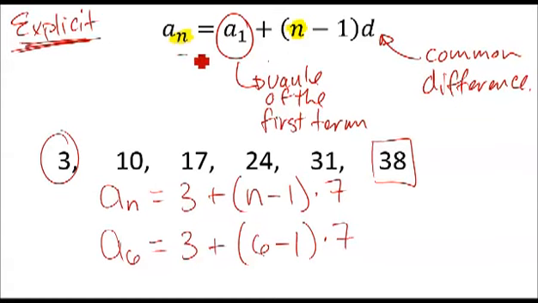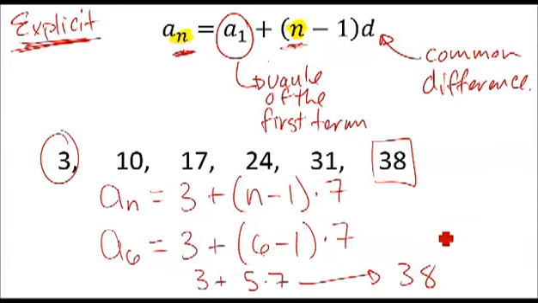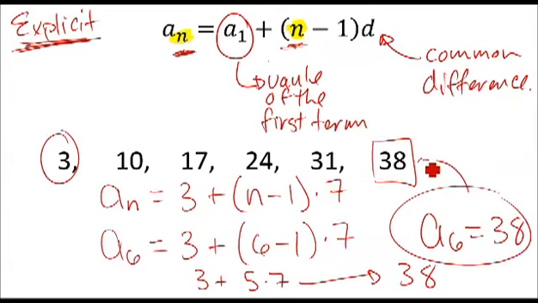I'm finding the sixth term, a sub 6, and then I place a 6 here. 6 minus 1 is 5, so this becomes 3 plus 5 times 7. 5 times 7 is 35, and when I add 3, I get 38. So the value of the sixth term of this sequence is 38. This is nice because I can verify it and see it in this case.